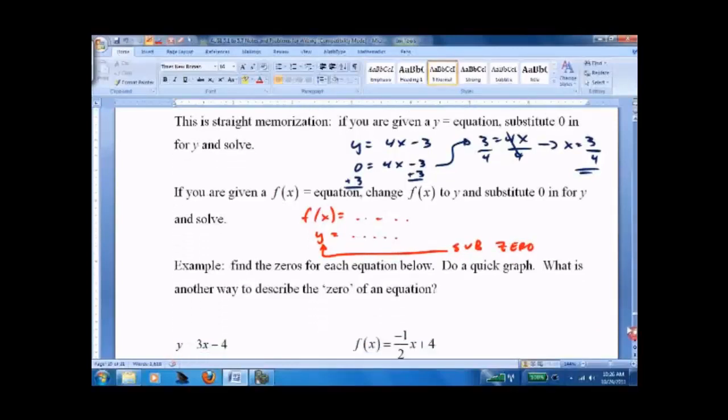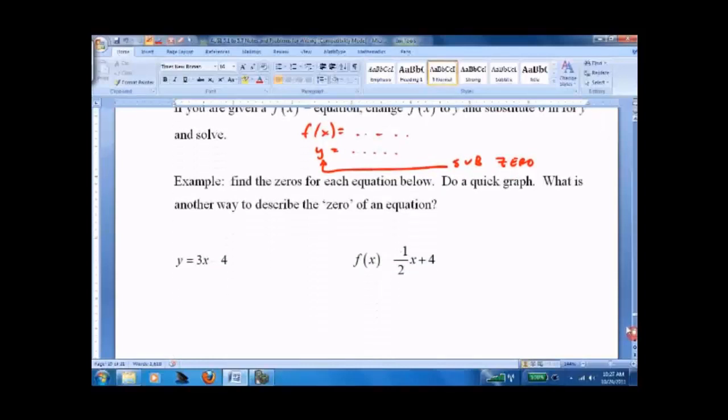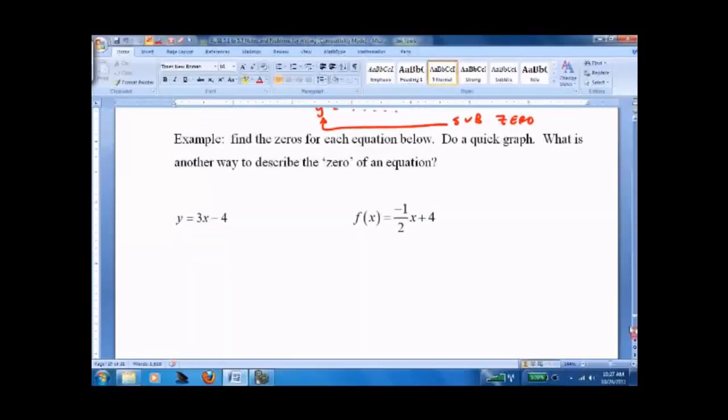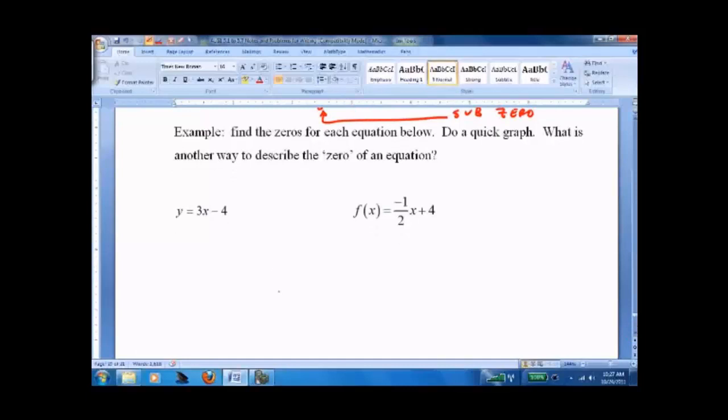Now, why bother? What are we talking about here? Find the zeros for each equation. Do a quick graph. What does a 0 mean? Well, I can graph this real quick here. And graph this one real quick here.